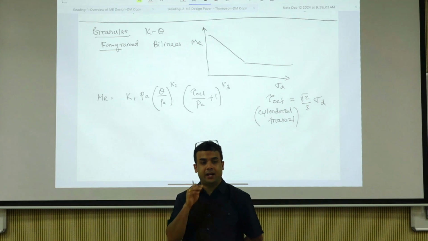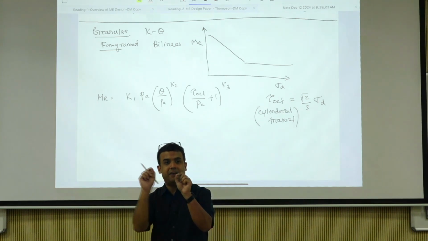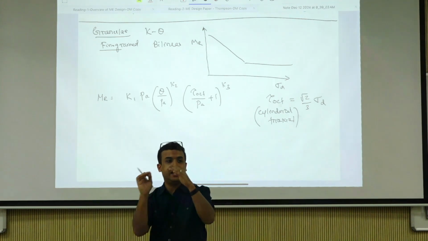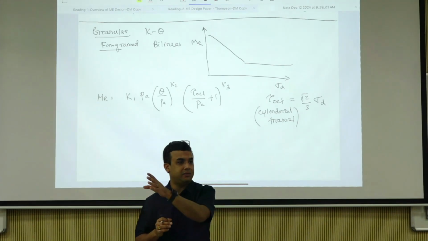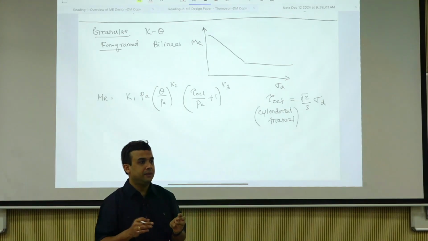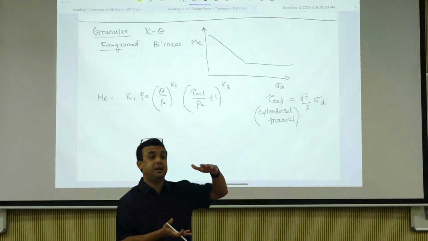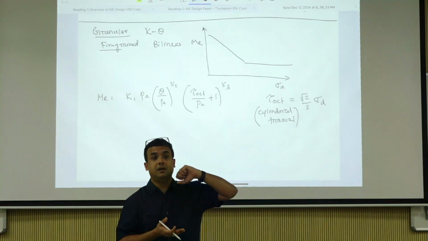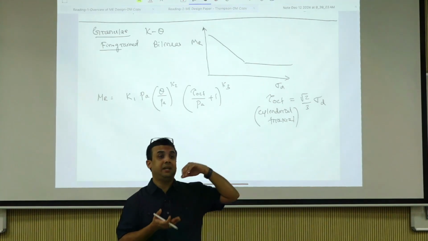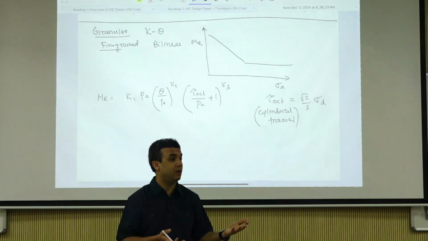Otherwise, you cannot assign varying properties within a layer. FEM is very easy. Every node has different properties, right? You can assign that. But if you run a pavement over 20 years with traffic and climate under FEM, it takes you 5 hours, 6 hours to run, right?